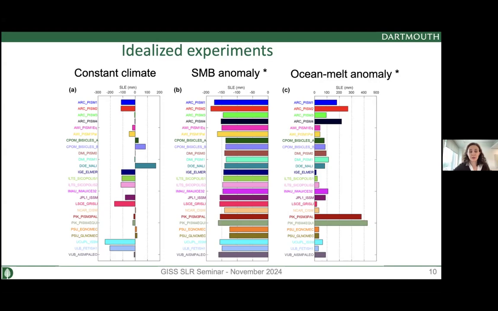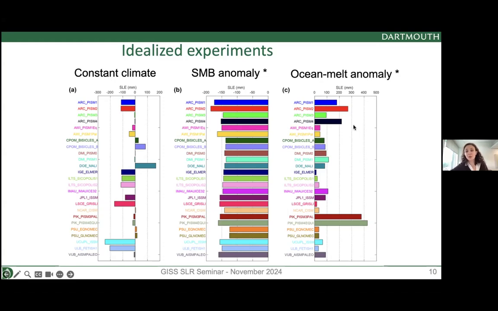We wanted something relatively easy to look at the response. And there's a star here because this is the difference between this experiment with double surface mass balance minus changes from these constant climate conditions. What do we see here? We see that the response to these changes in surface mass balance are the same for all the models, with a little variability that was due to the initial extent of the ice sheets, but pretty much the response is the same for all of them.